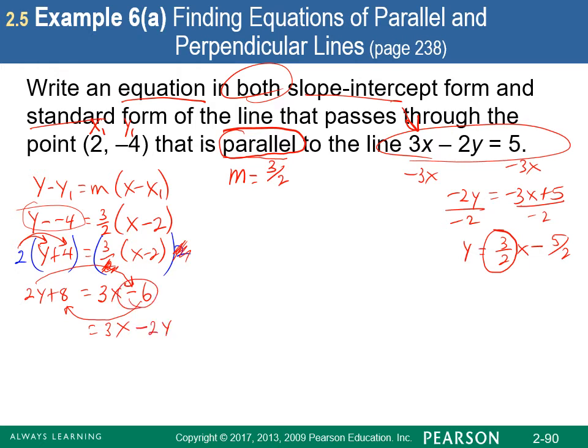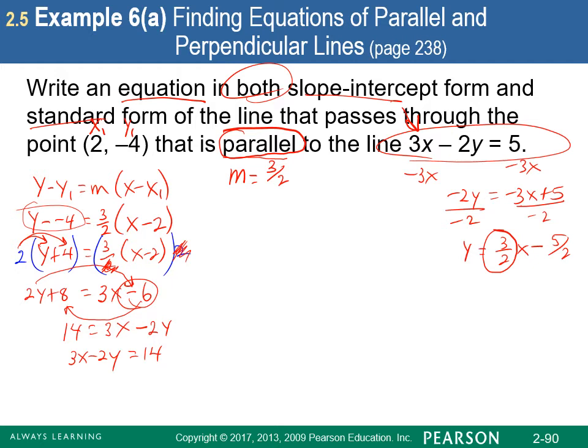When we move the -6 from the right to the left, it becomes a plus 6, which would make 8 plus 6, or 14. So there's standard form. Well, technically speaking, standard form would be 3x minus 2y equals 14. Just swap sides with everything.